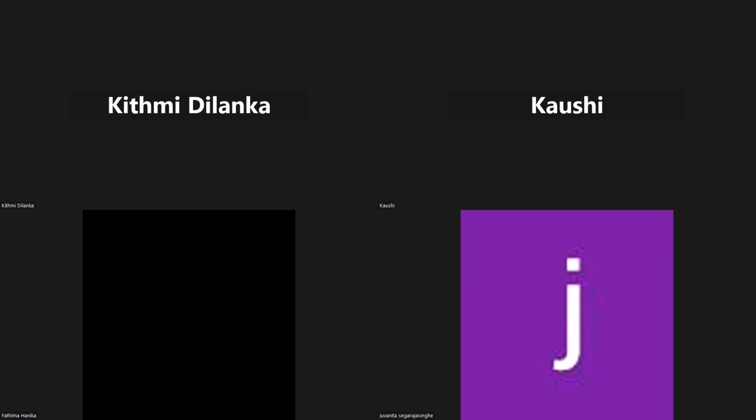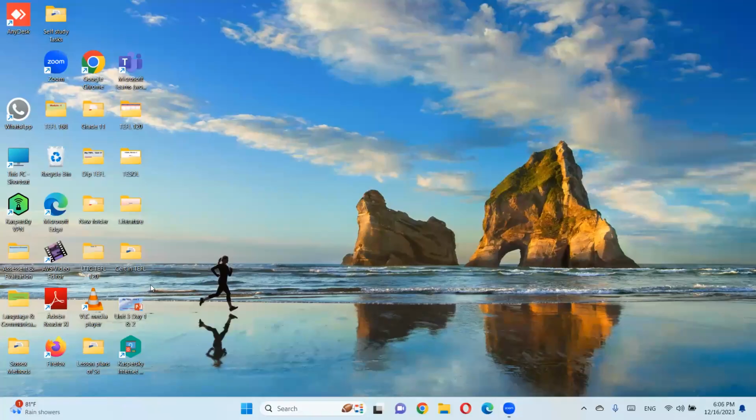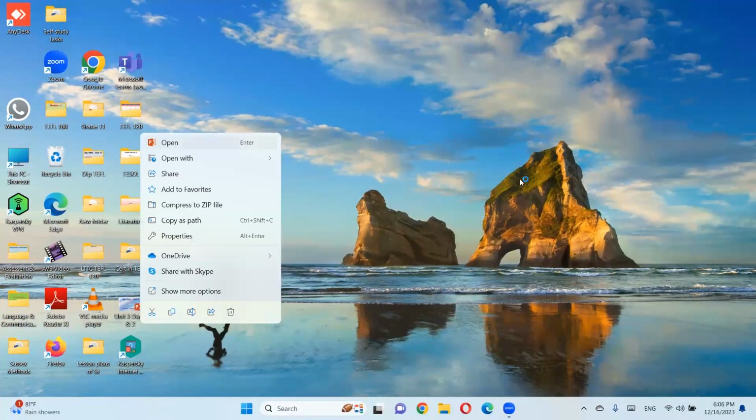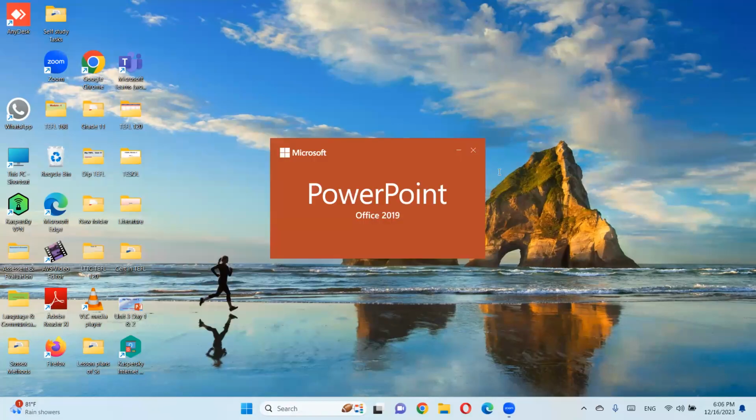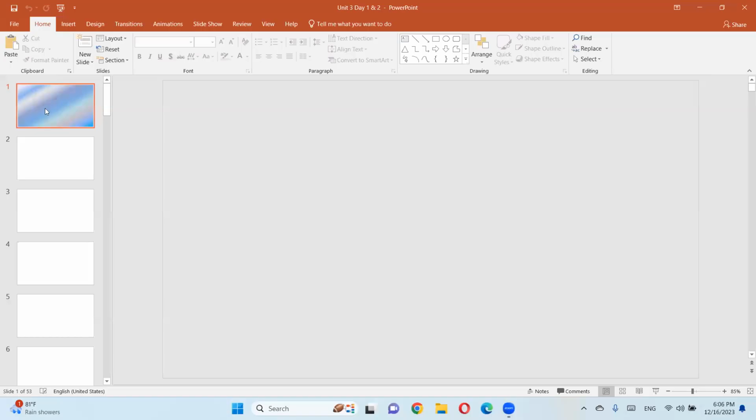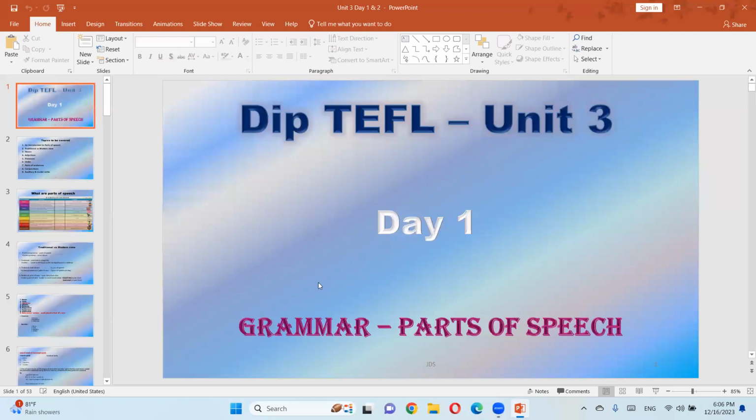We have to start Unit 3 and focus on the day 1's content. So when you look at Unit 3, it's about basic grammar, right? So we need to discuss certain basic grammatical aspects that are found in the English language, right?